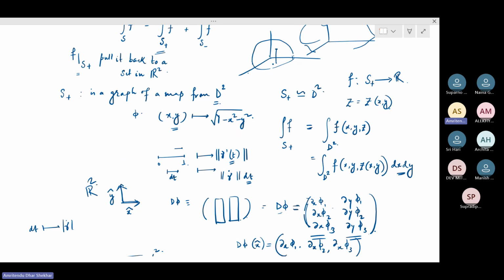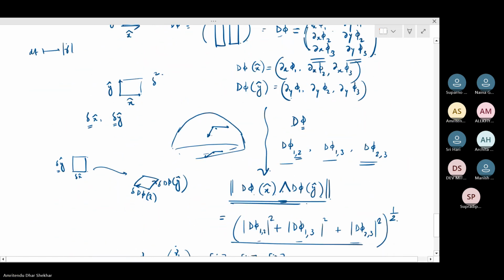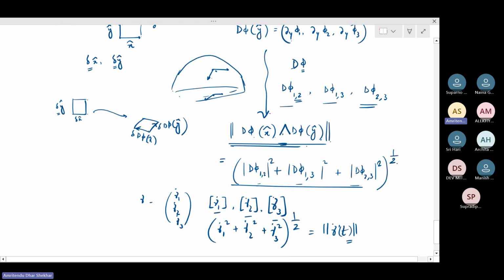So in this case, the sphere can be written into two parts, S plus and S minus. And when you're doing the integration over S plus, you can then pull it back to R2, but you also have to multiply with a factor like this. Okay. So this factor is basically the Riemannian volume element, which I'm going to call dVg.